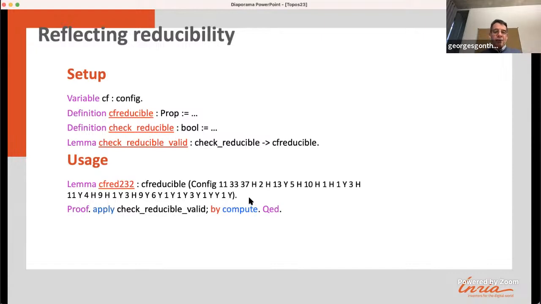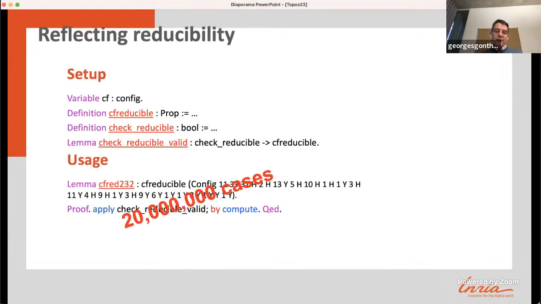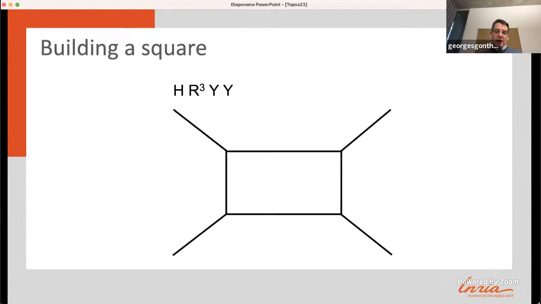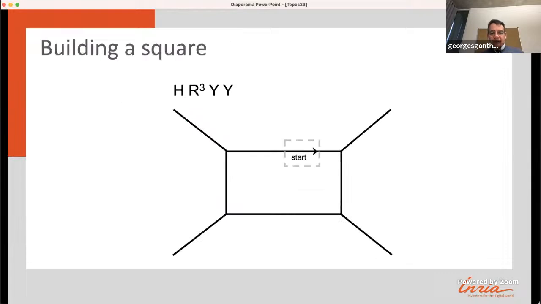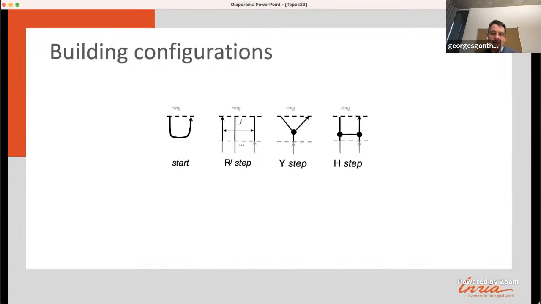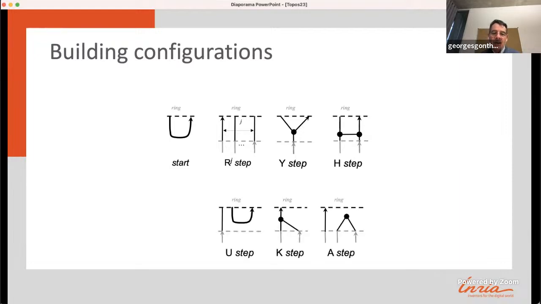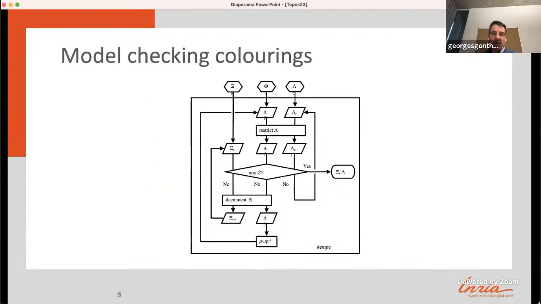You just say, okay, compute, and everything goes, and you just have a trivial proof that covers 20 million cases. So the little language you saw here to describe configurations is something else I think I'll have to skip over, but it basically uses an interpretation that computes, where each letter corresponds to a little piece that you add to your map, and then you can interpret these sequences of letters in order to figure out how to color a given graph or how to do other operations.